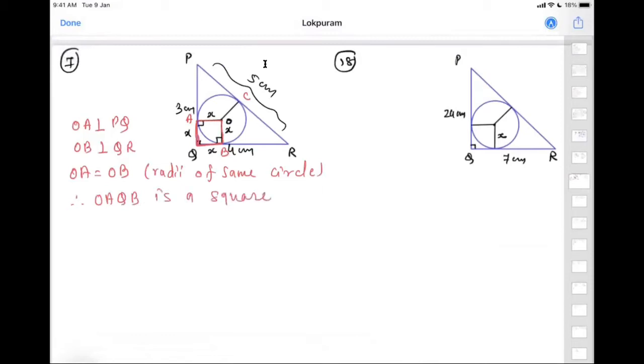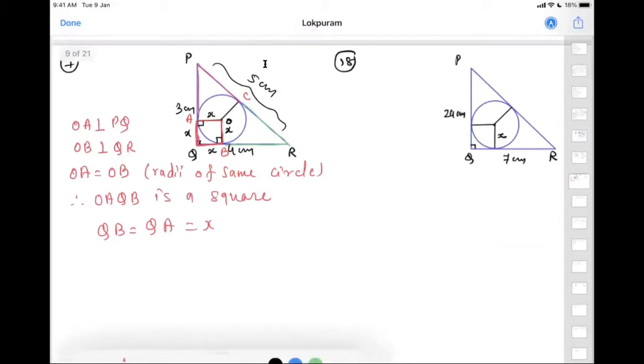If it is a square, all sides are equal. Now we can say QB is equal to QA, that is x, which is the length of tangents from an external point are equal. Same way we can say BR and CR are equal. We can even say PA and PC are equal.